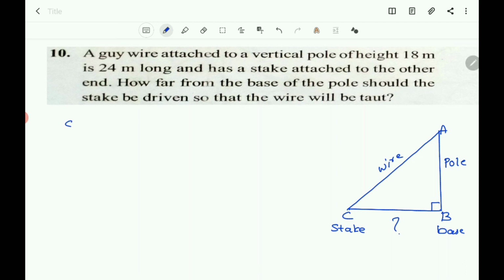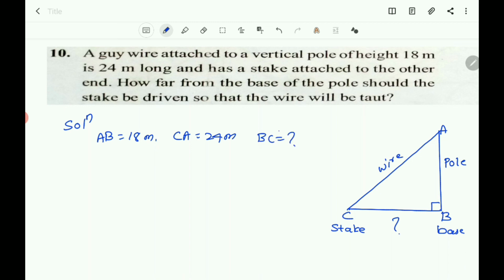So you take the solution here. What is given here? AB is equal to 18 meter and CA is equal to 24 meter. What you have to find out is BC.